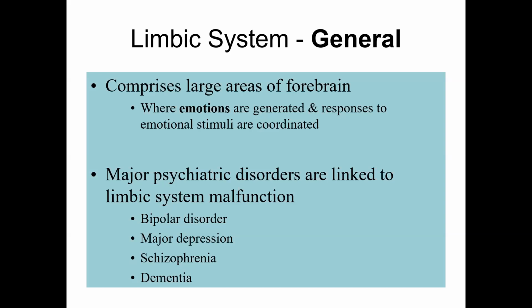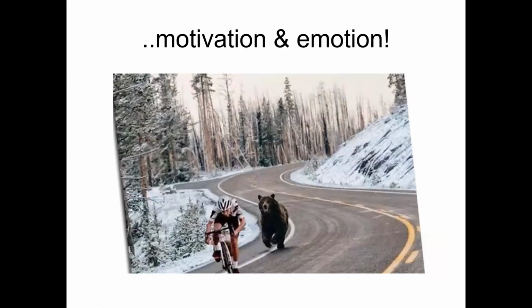From the clinical aspect, later on in your training, you'll be looking at psychological and psychiatric disorders, and here you have some mention of these disorders: bipolar disorder, depression, schizophrenia, and so on and so forth. Right. So there you have it.